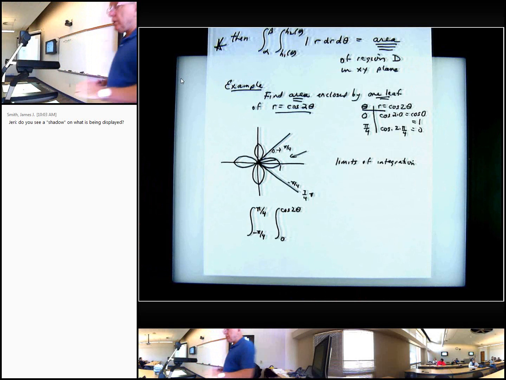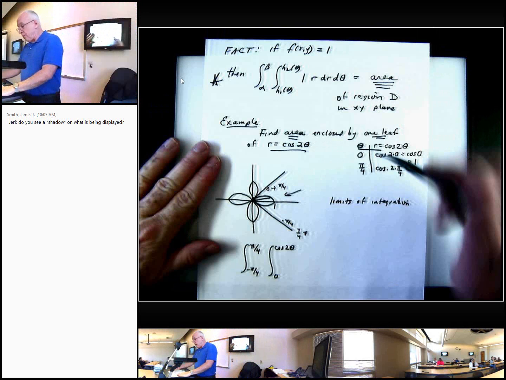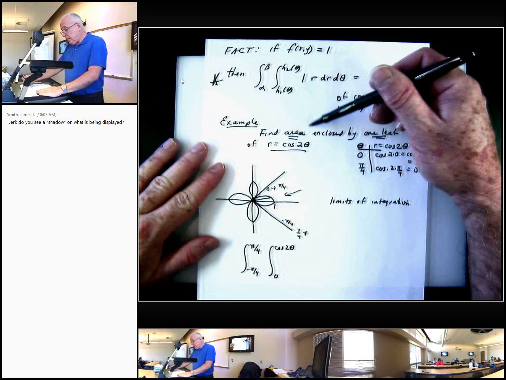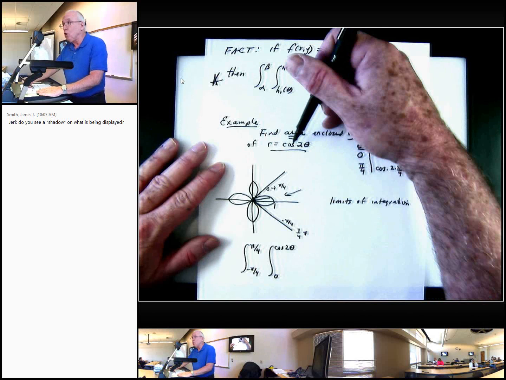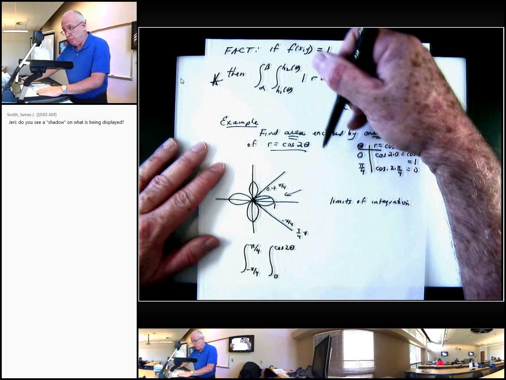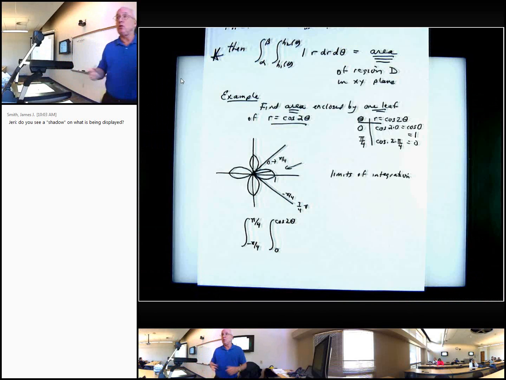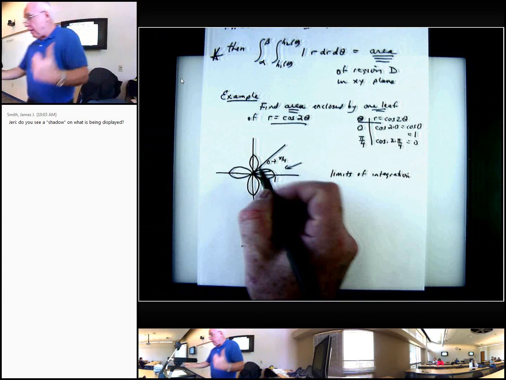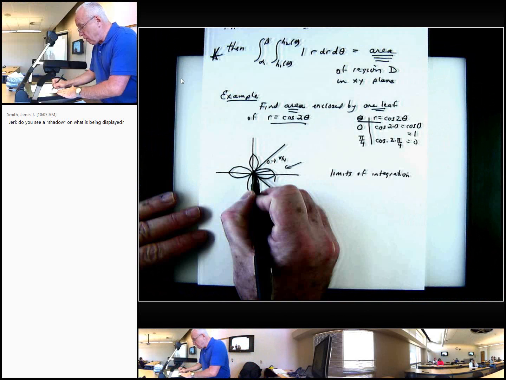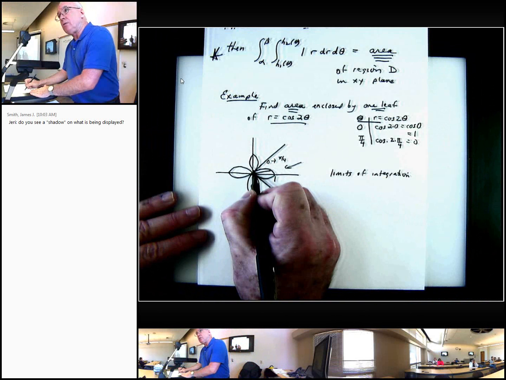How did I get that? Well, first of all, let's reread the problem we're given. Find the area enclosed by 1 leaf of r equaling cosine of 2 theta. So we drew the graph of cosine of 2 theta. My lower value for r, if I'm integrating r, is 0, because we have to have a lower limit.